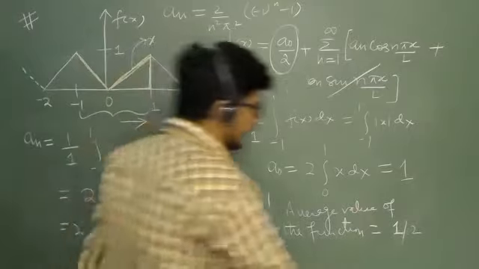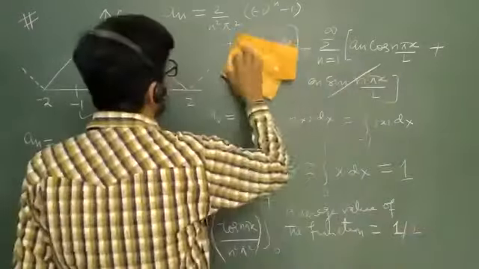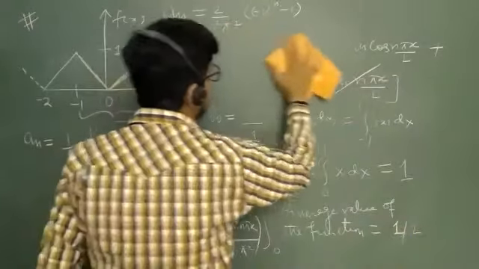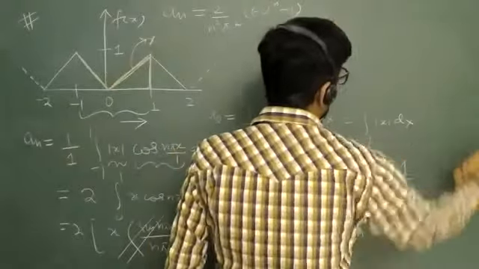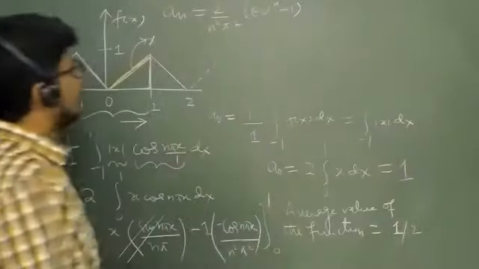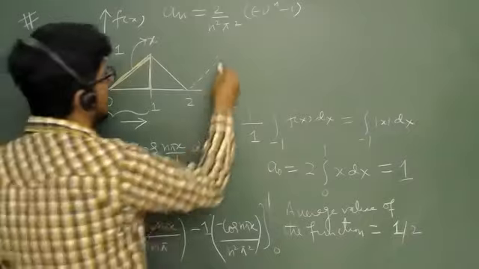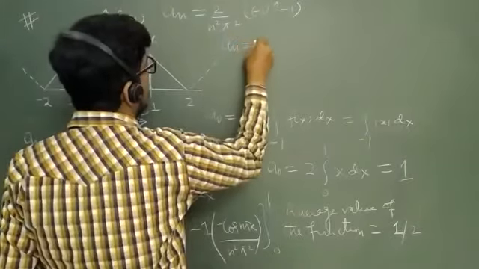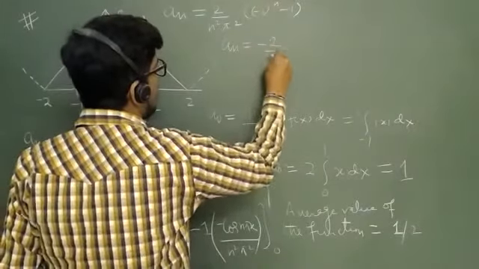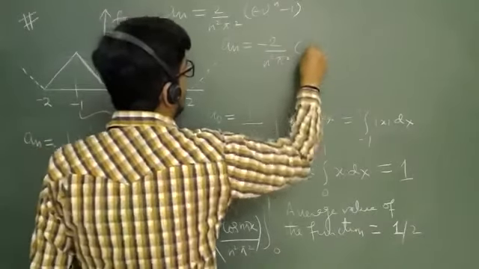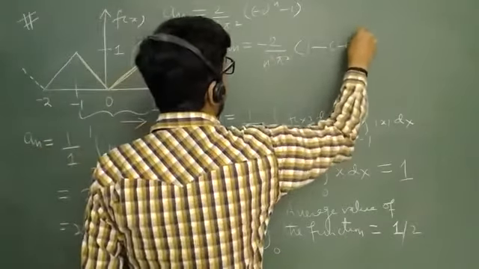So after this, what we can write is an is minus 2 by n squared pi squared, 1 minus minus 1 to the power n.